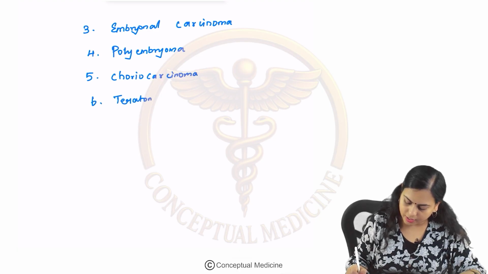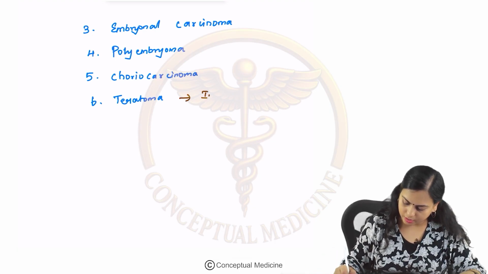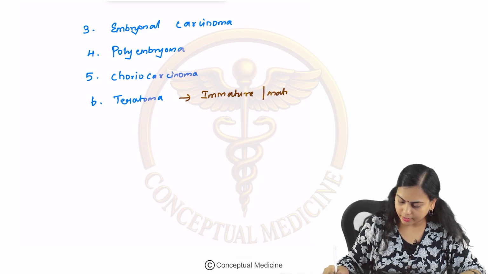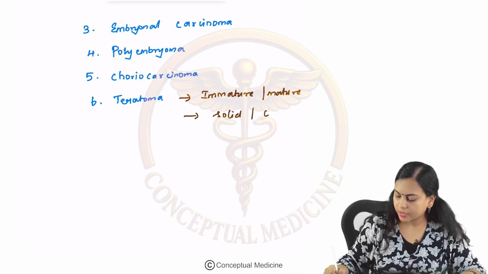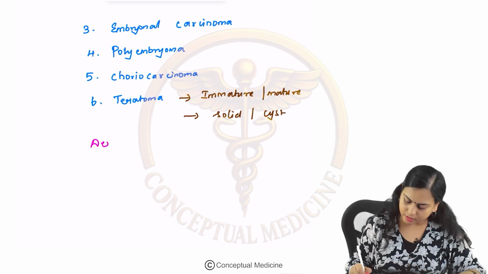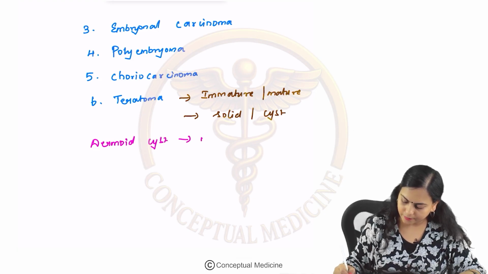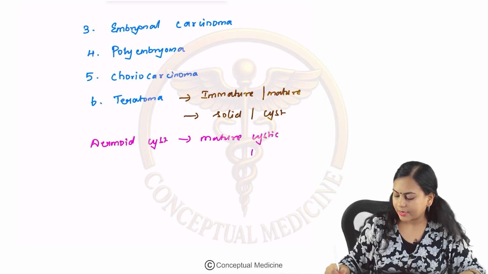We have teratoma as well. Teratoma can be immature teratoma or mature teratoma, as well as it can also be solid or cystic teratoma. Okay, so among this, where stands your dermoid cyst means it is a mature cystic teratoma.